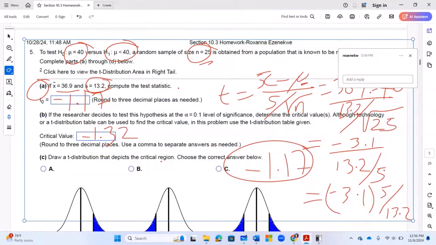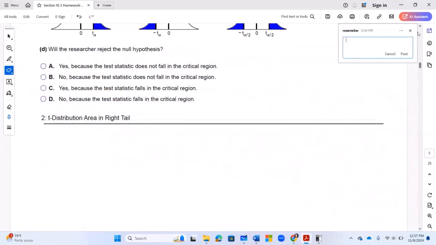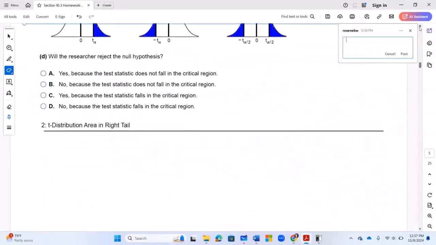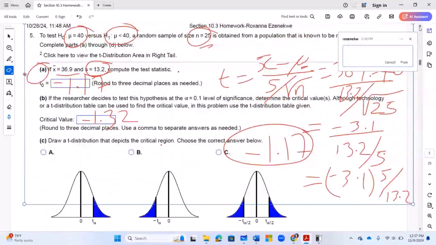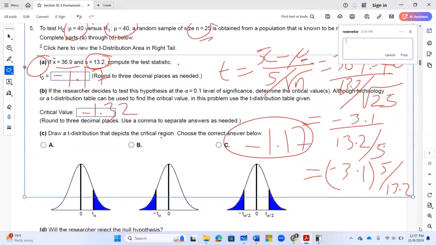All right, what else is the question? Draw a t distribution that depicts the critical region. Actually, it's drawn for us. We want area to the left from the question given to us, so I have to be careful that I pick up area to the left.